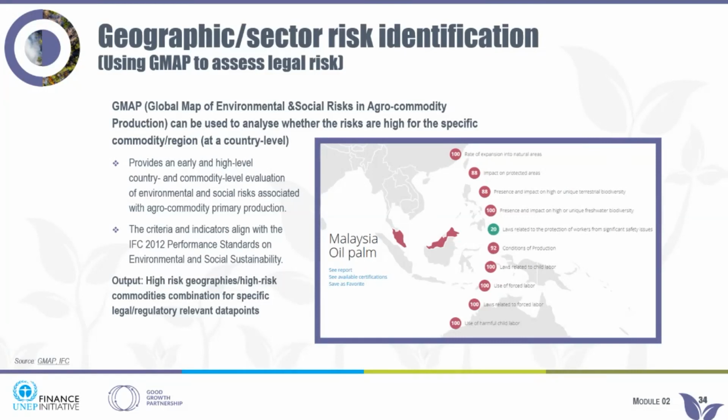In this example, GMAP can help provide accessible information on national laws relevant to different aspects of the IFC performance standards. I know many of you are using the IFC performance standards as a base for your lending, beyond project finance as well. So this high-level assessment can help banks assess how risky country-level laws are, and if the client is in compliance with them or not.